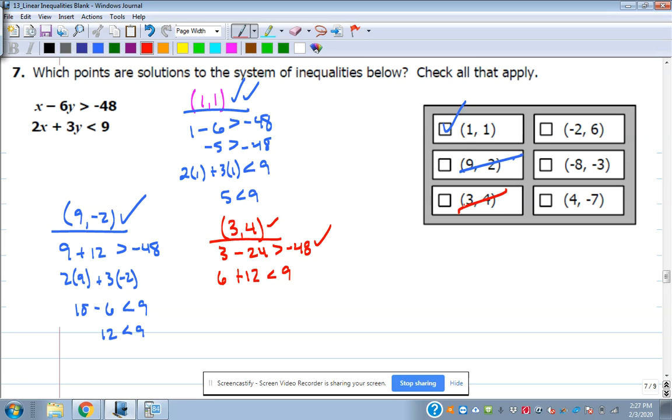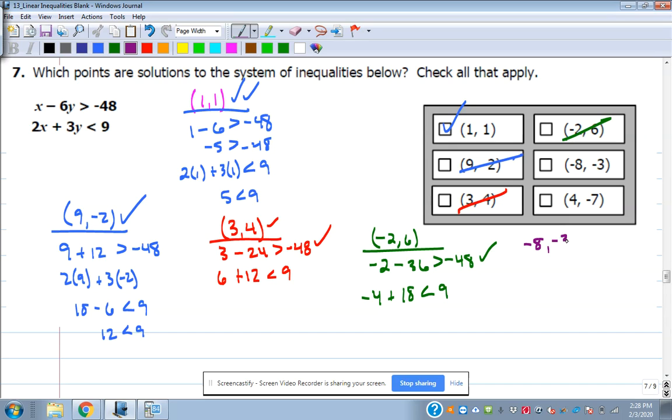No. So that one's out. Next, negative 2, 6. Negative 2 minus 36. Is that greater than negative 48? Yeah, it is. And then negative 4 plus 18. Is that less than 9? No, that one's out.